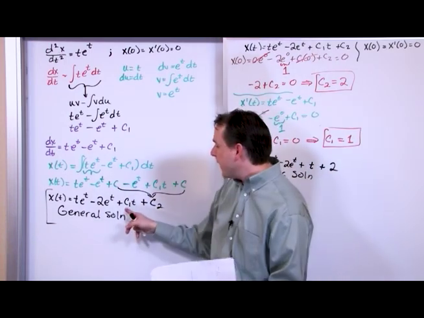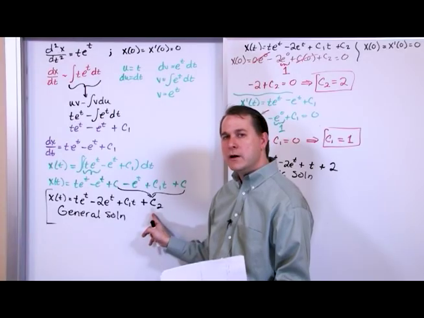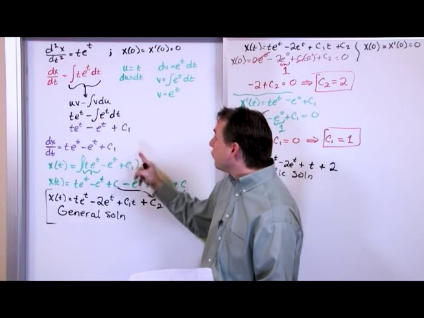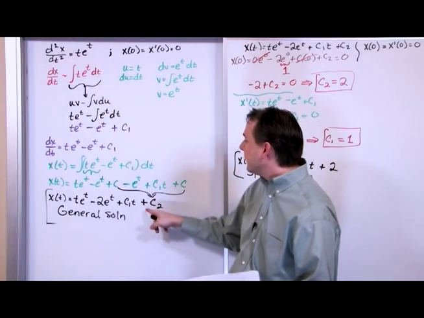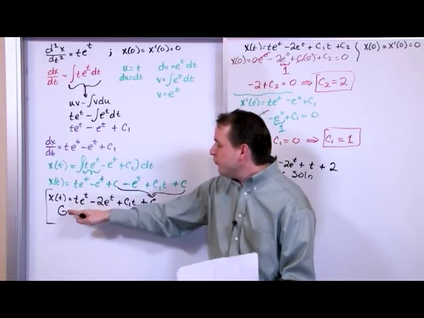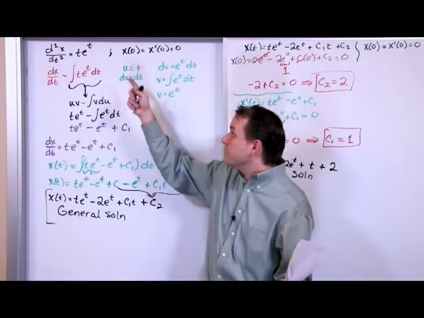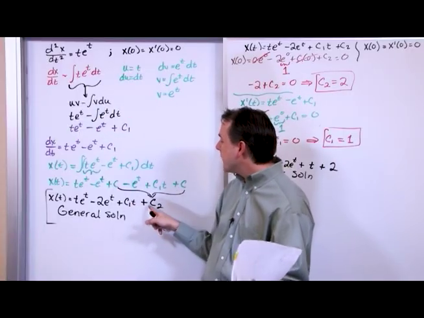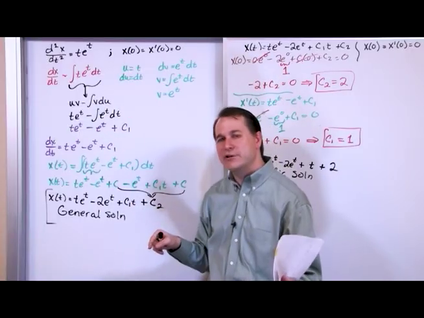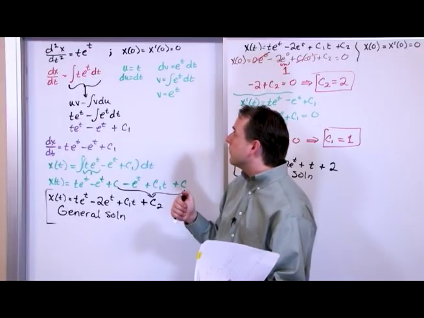It always works, no matter what C1 and C2 actually are, because when you start taking those derivatives, the constants disappear. So there's an infinite number of ways you can satisfy that differential equation, no matter what numbers C1 and C2 are. And that's sort of the moral of the story.